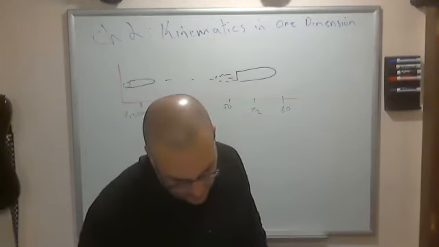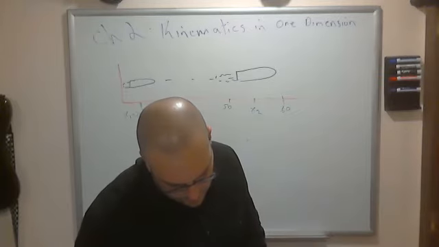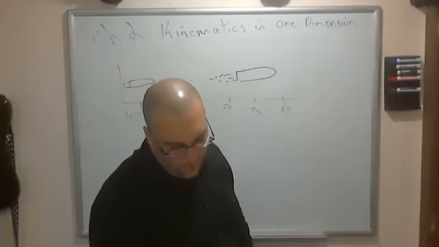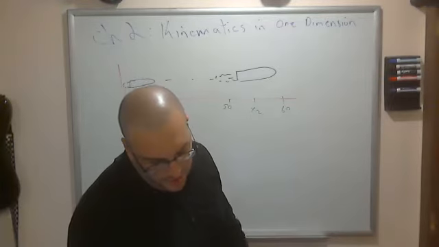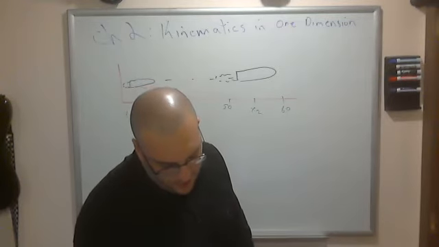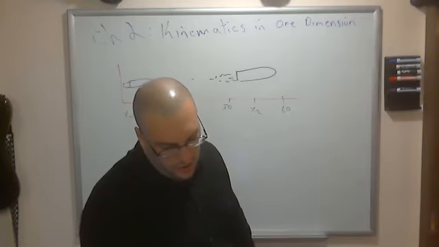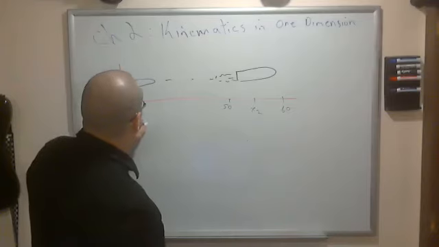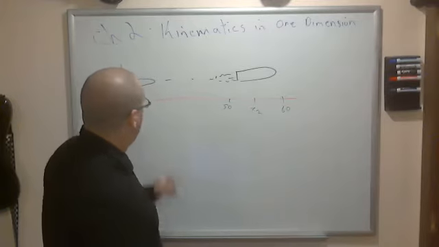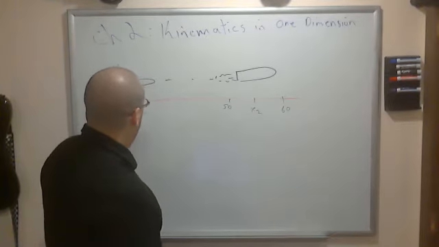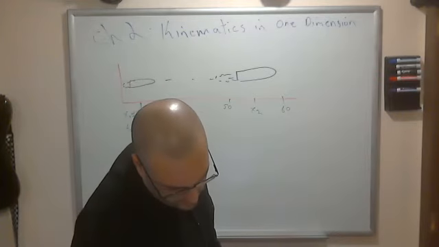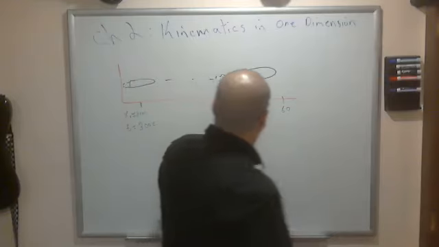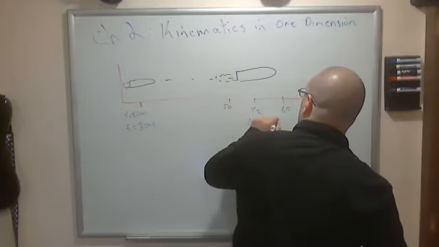Now, for part A, we determine the displacement of the engine during the time interval T1 to T2. T1 over here is 2 seconds or 3 seconds, and T2 is 5 seconds.